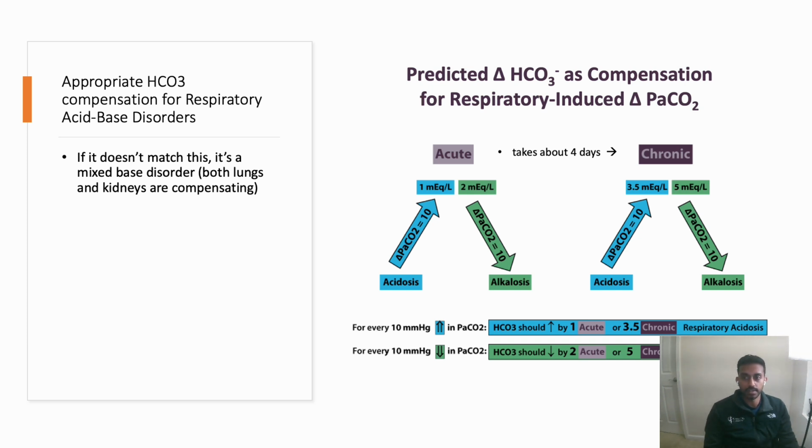If there's a decrease in 10 millimeters of mercury of PaCO2, then bicarbonate should decrease by 2 or 5 milliequivalents per liter in acute or chronic respiratory alkalosis, respectively. If it's more or less than that, then it's a mixed acid-base disorder in which the kidney is also compensating.